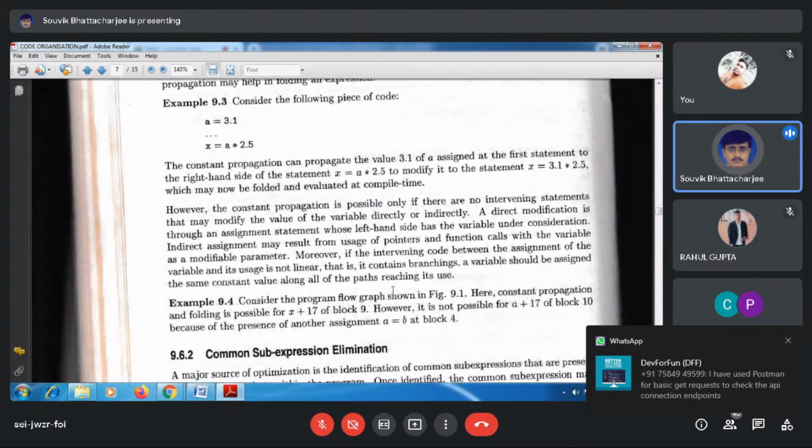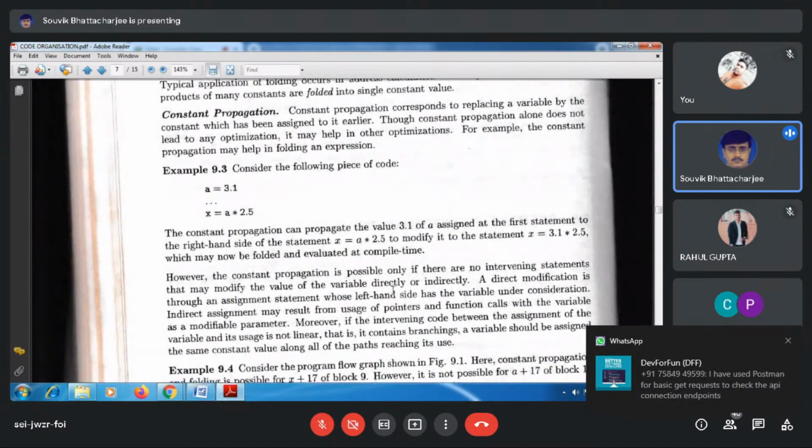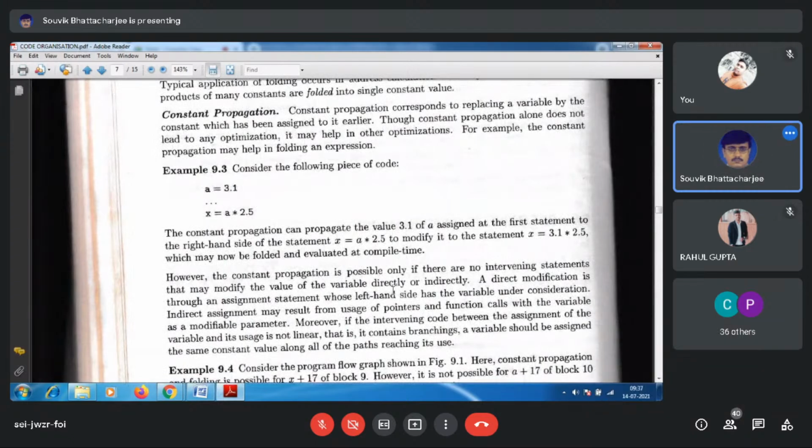Constant propagation is applicable where the value of A may be replaced with 3.1. But if A is changed somewhere else, then you cannot use the constant propagation technique.